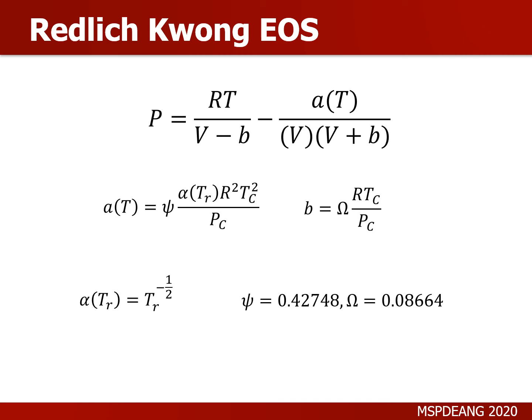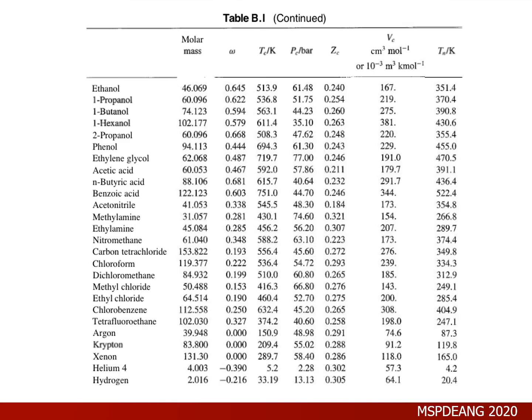So your Redlich-Kwong EOS is a two-parameter correlation because these values depend only on TC and PC. You can find these values in table B.1 in SVA. This is the eccentric factor omega. This is TC in Kelvin and PC in bar.